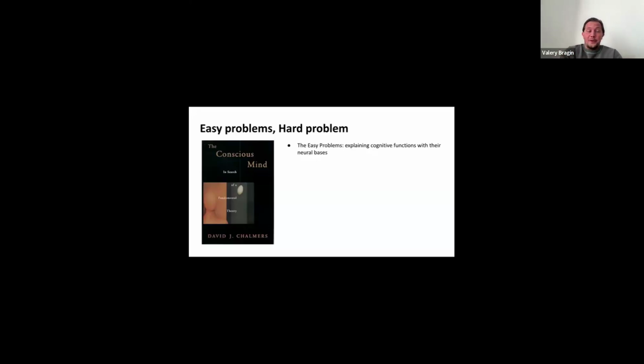This might not be easy scientifically, but it's called the easy problem because in principle it looks like a standard neuroscience problem. On the other hand, the hard problem is different. It asks why and how should any of these physical processes give rise to subjective experience at all, and the perceived quality of conscious experience. They actually call it quality.